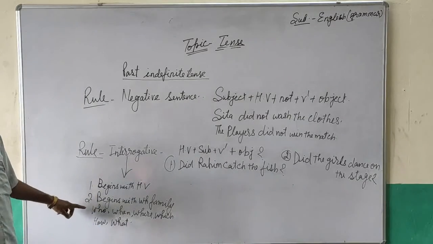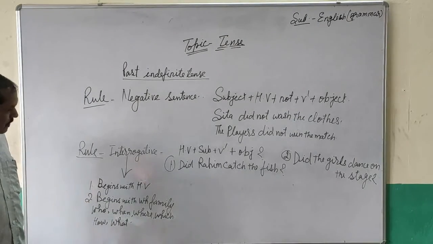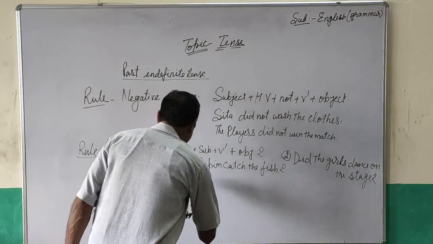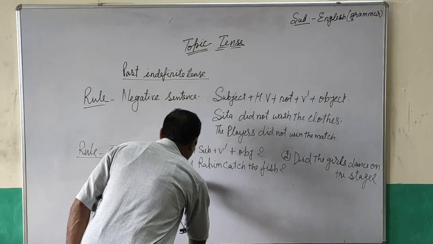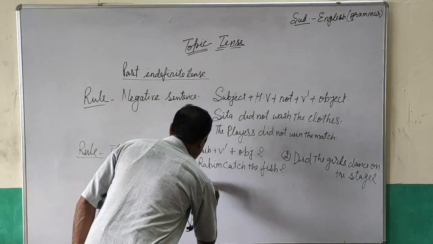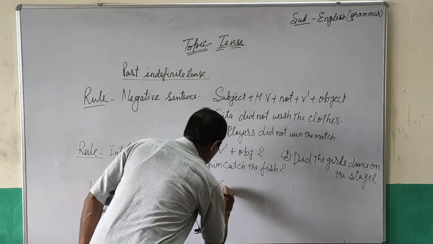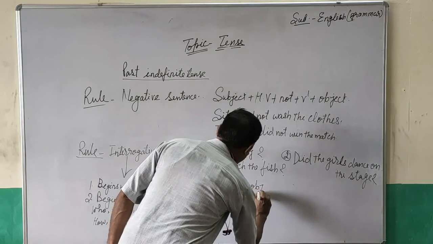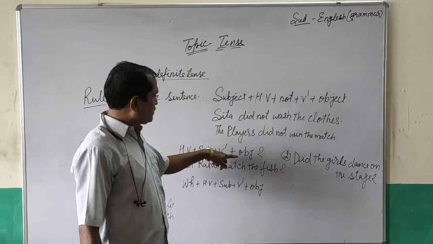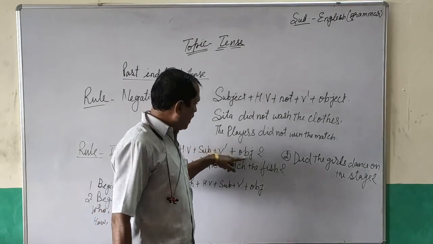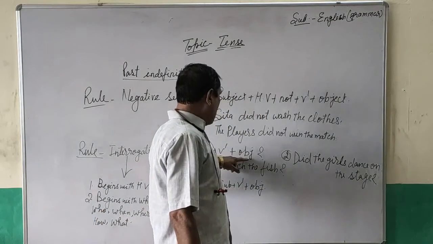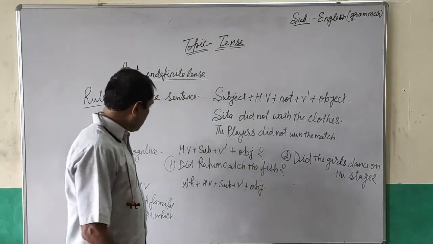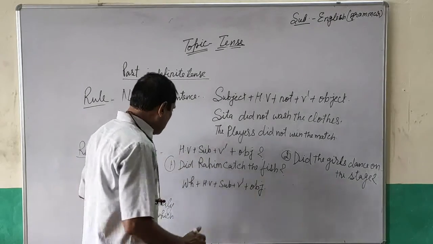Now, we take the example of begins with WH family. The rule for the WH family: WH family plus helping verb plus subject plus first form of the verb plus object. Short form of the subject, S; short form of the verb, V; short form of the object, OBJ; helping verb, HB.